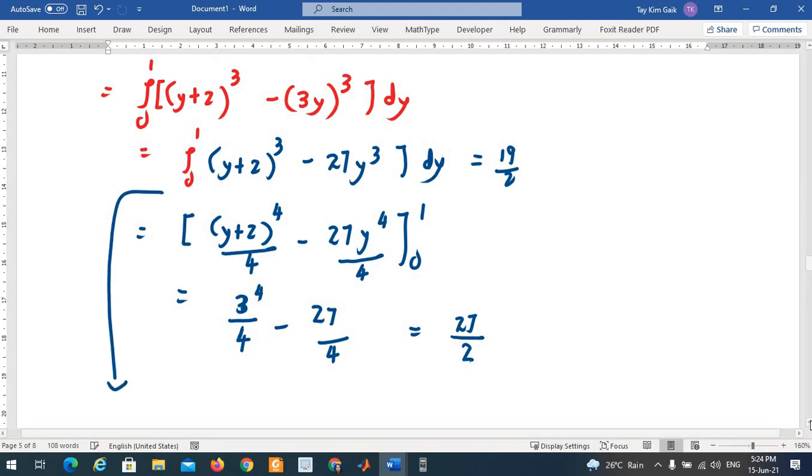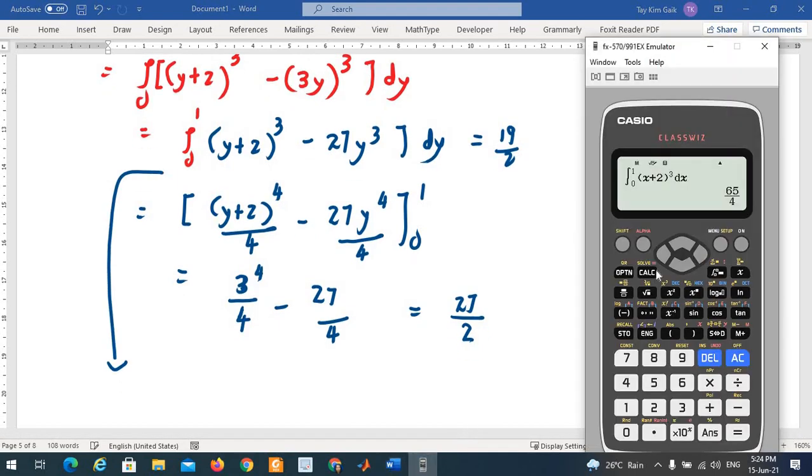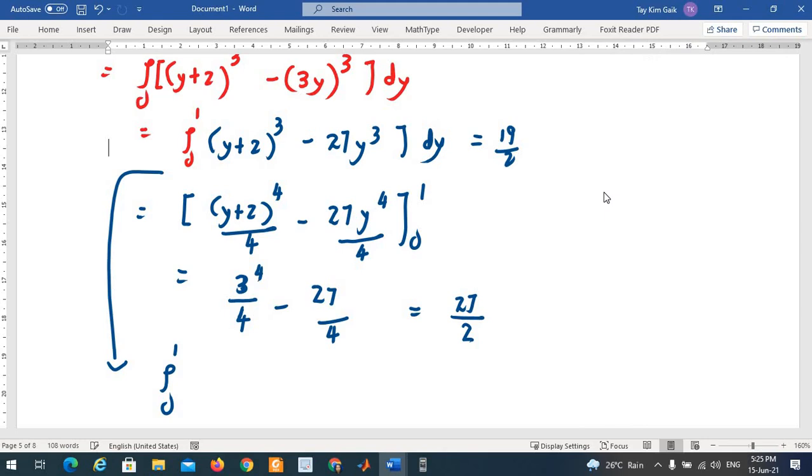Expand it, see. This one you see is 65 over 4. Okay, expand y plus 2 cubed. I'm going to check why the answer is different. This one, using the integral, I let u be this. Let u be y plus 2, so du is actually dy.